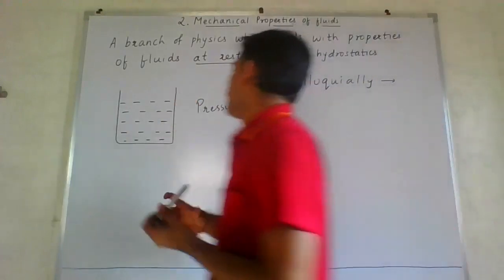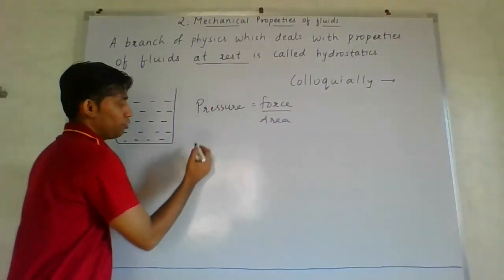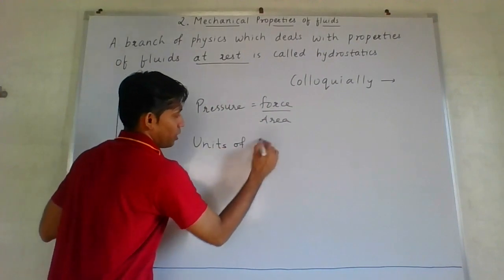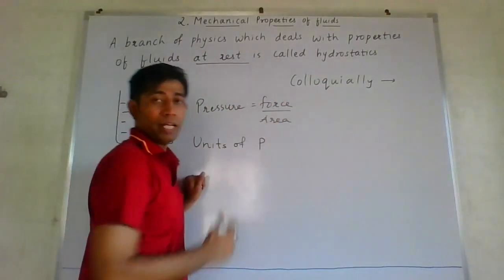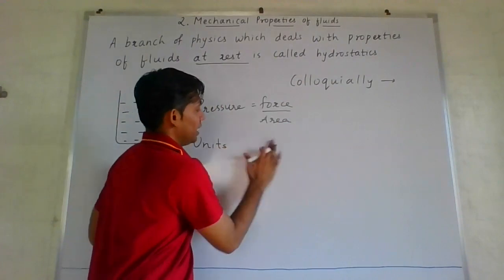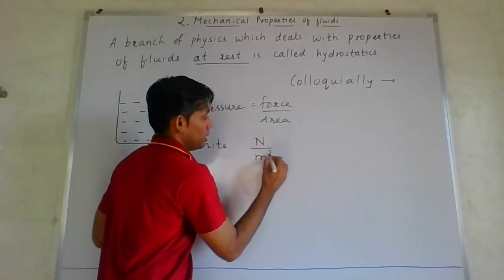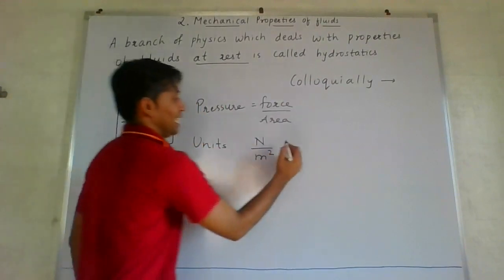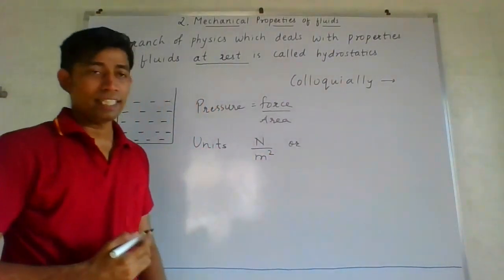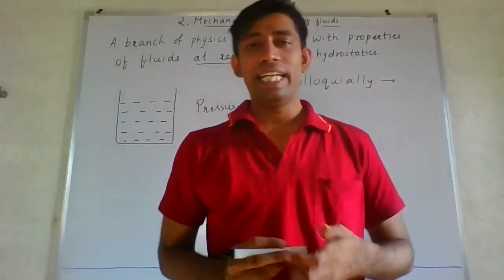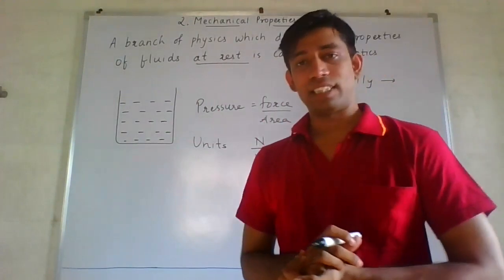So here let's say we have to find out the units of pressure. From the formula you can easily make out that the first unit is Newton per meter square. The second unit which you can write is Pascal. It is named after a scientist, Pascal.